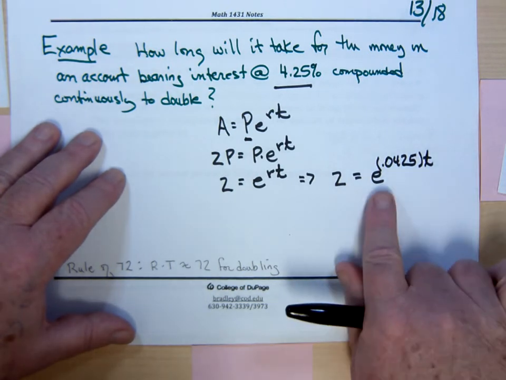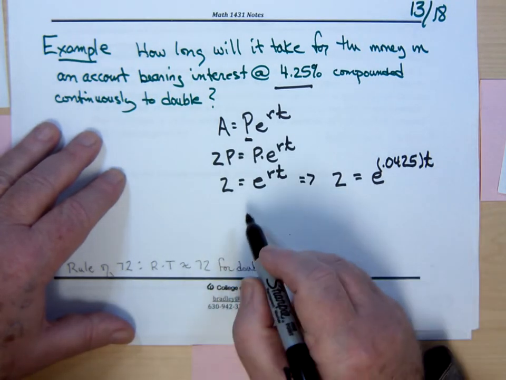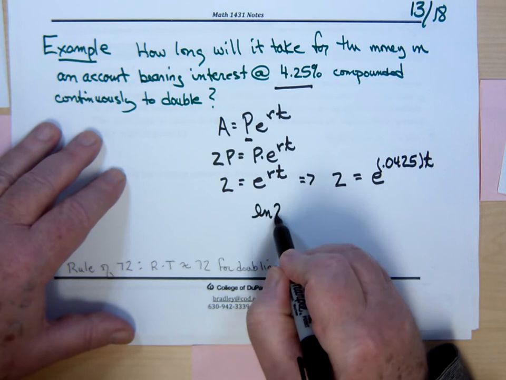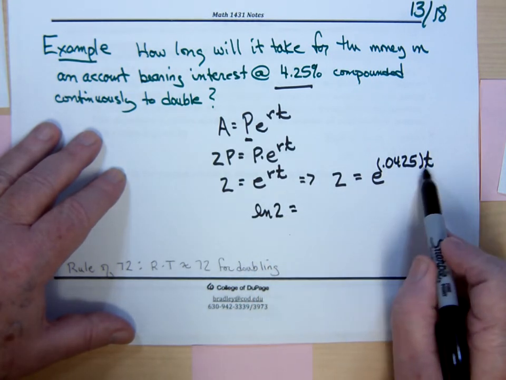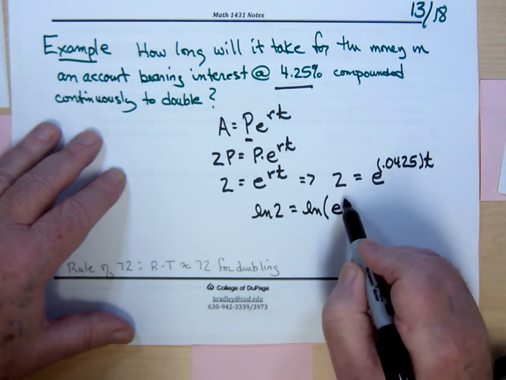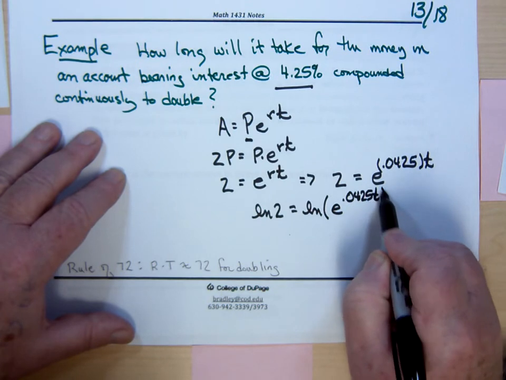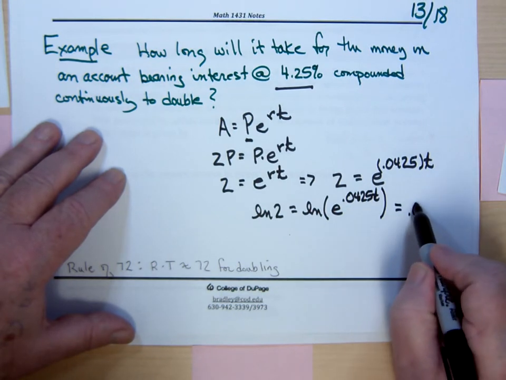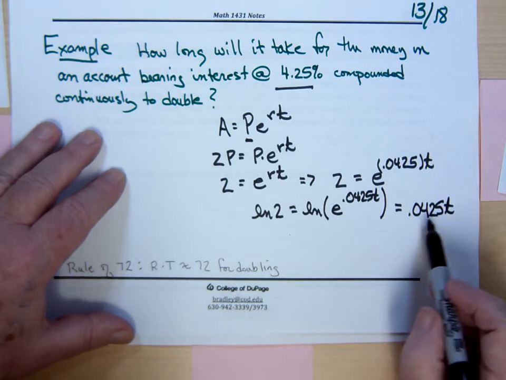And the easy way to solve this is, since the variable is in the exponent, we're going to take the natural logarithm of both sides. So we will end up with the natural logarithm of 2 is equal to the natural logarithm of this, which is just 0.0425 t. So now we're solving for t.